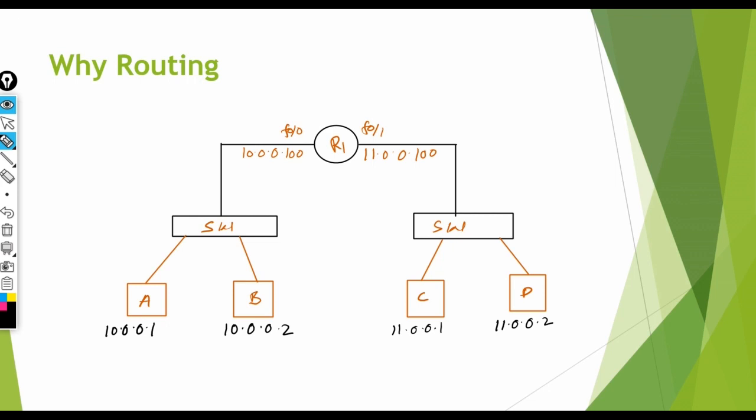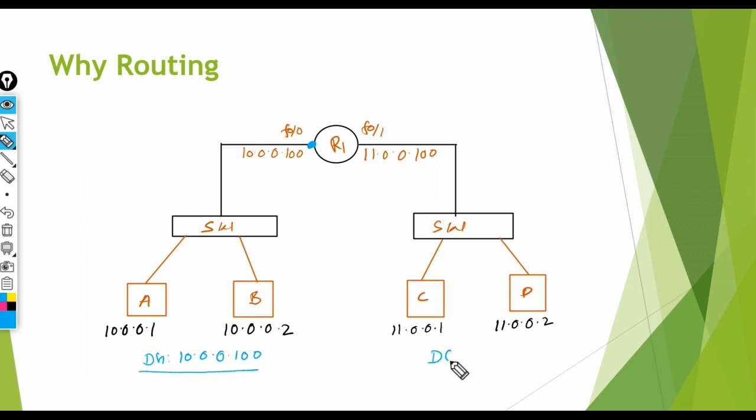Fine. After this, you will have to define the default gateway as well. For both of these PCs, the default gateway will be 10.0.0.100. Basically, the router's interface IP address becomes the default gateway of your PCs.